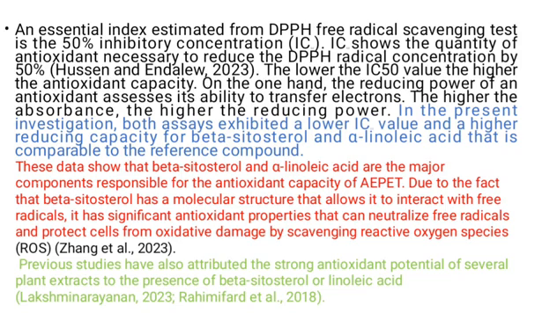This is the result. The first statement is explaining that IC50 value and reducing capacity. Then the second one is stating the result. Then the third one is interpreting that result, explaining the significance of that result.